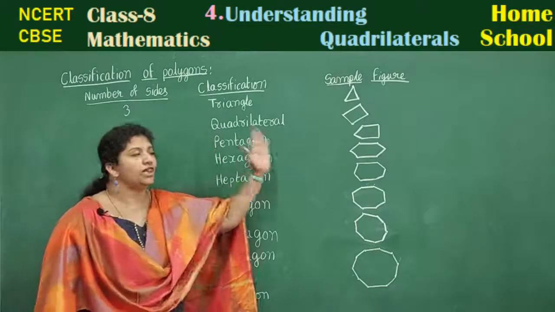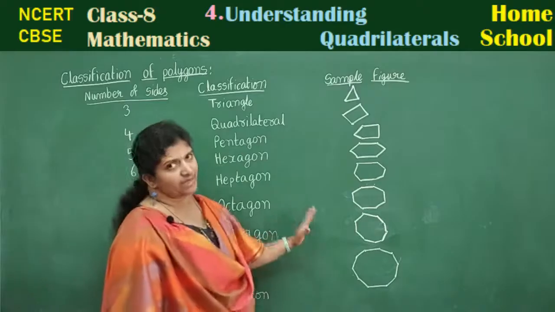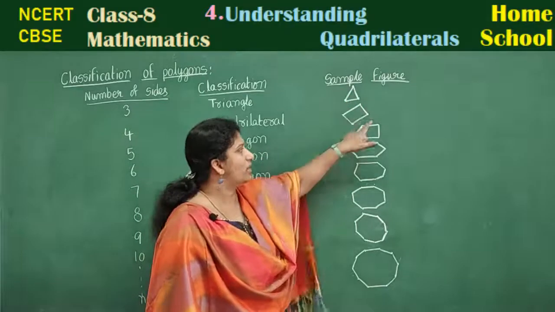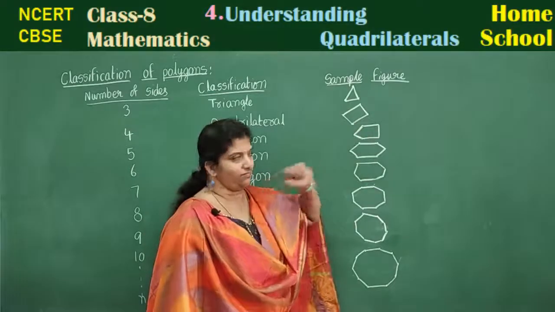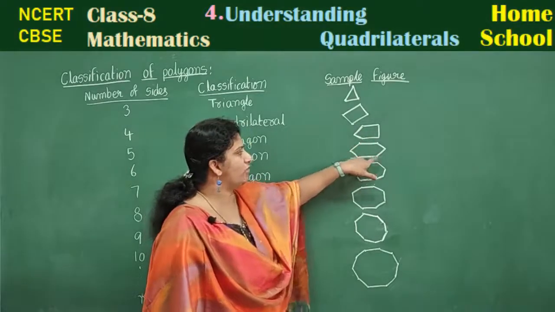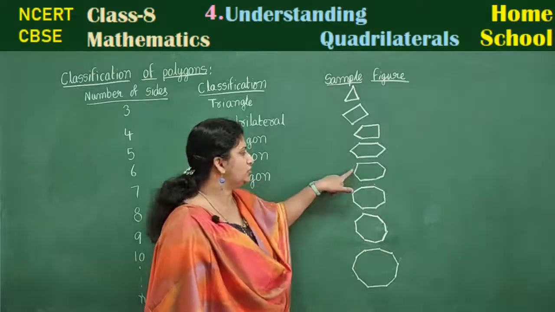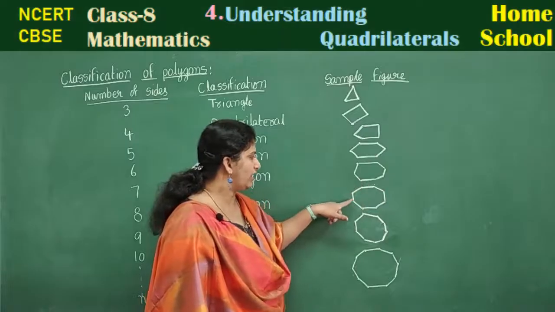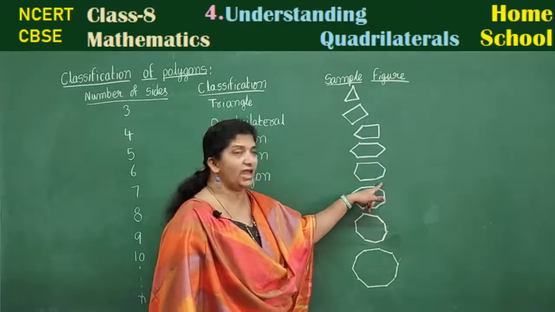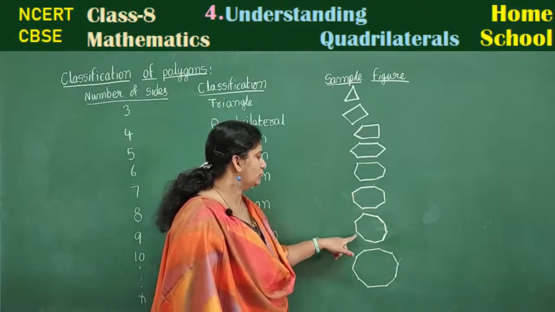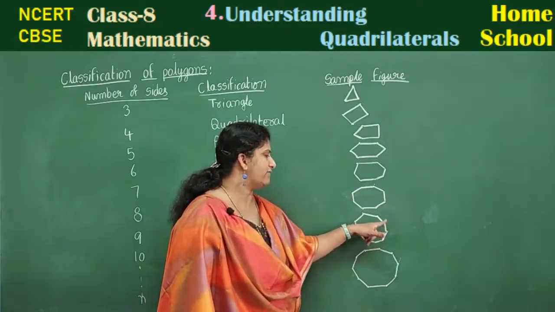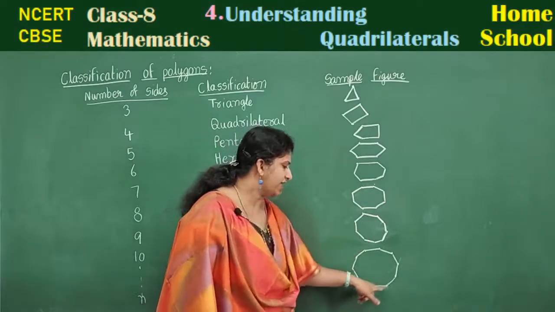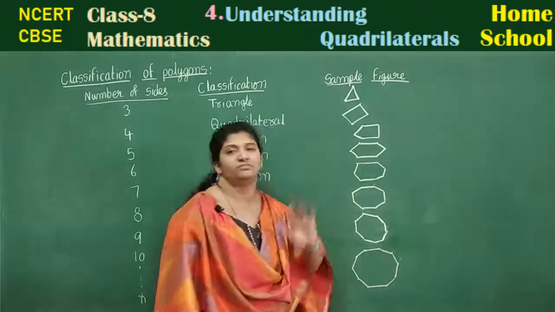Look here, in all these figures, you can observe the sides: 1, 2, 3; 1, 2, 3, 4; and so on up to 1, 2, 3, 4, 5, 6, 7, 8, 9, 10.